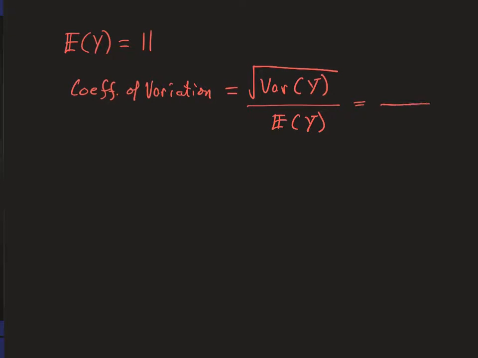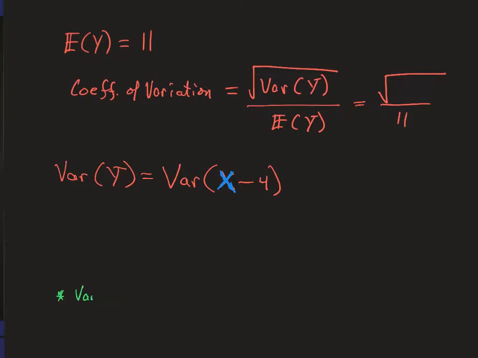All right, so we already know the bottom is going to be 11. We'll take a square root. What we need to know is what's the variance of Y. So using our property here that Y is essentially just X minus 4 in terms of a random variable, keep in mind that our general formula, all right, if you take a linear combination of a random variable and look at its variance, this becomes a squared variance of X. Now, in our case, a is equal to 1 and b is equal to negative 4.